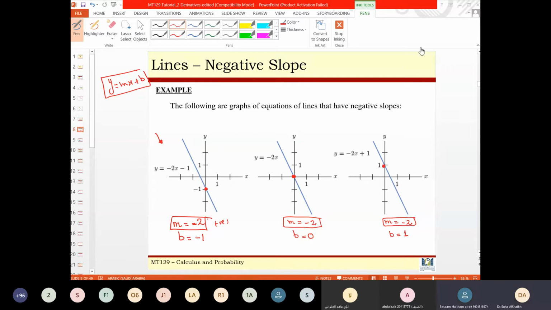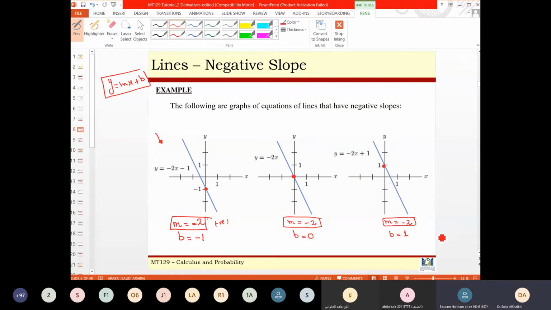Doctor, a question: the slope is just a number, so how do I know the shape of the line, its degree of tilt? The degree of tilt won't be accurate unless I have 2 points. Right, I must have 2 points to be accurate about my line. Yes. What we are doing now is just giving examples to show you that there is a slope and a y-intercept. But if I want to draw the line exactly, with the same exact slope, I need 2 points.